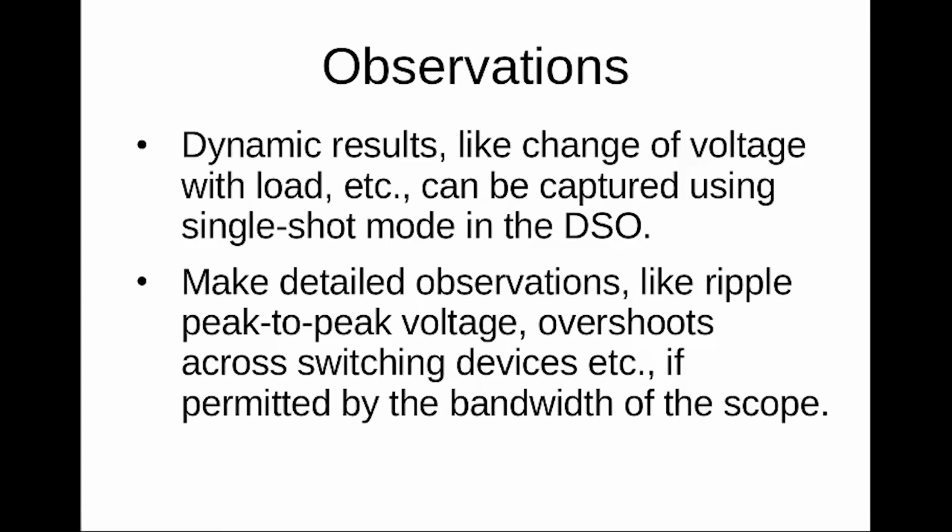Very narrow oscillations or ringing on the edges of the switching waveforms can be caught in only high bandwidth oscilloscopes. But most of the entry level oscilloscopes are having at least a bandwidth of 20 to 50 megahertz, so that should be enough for this purpose.